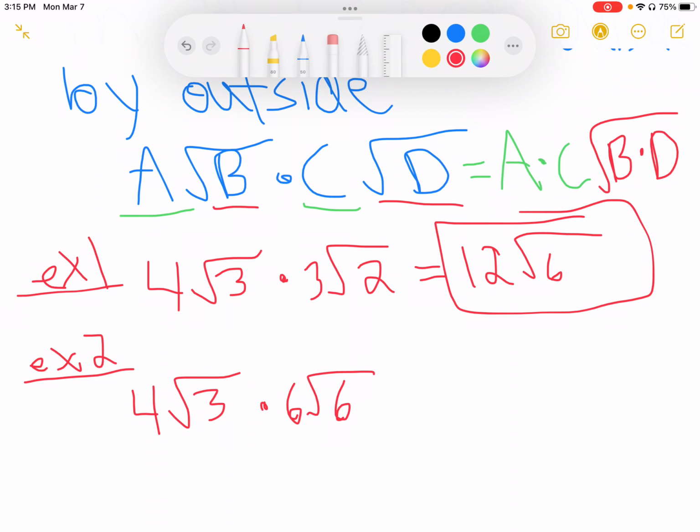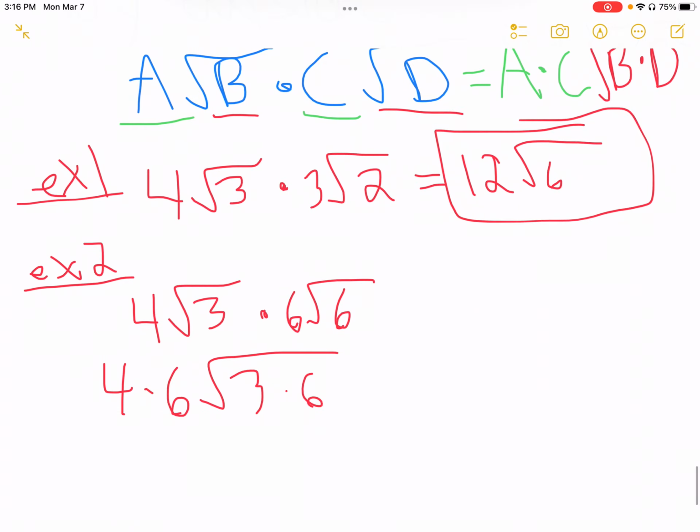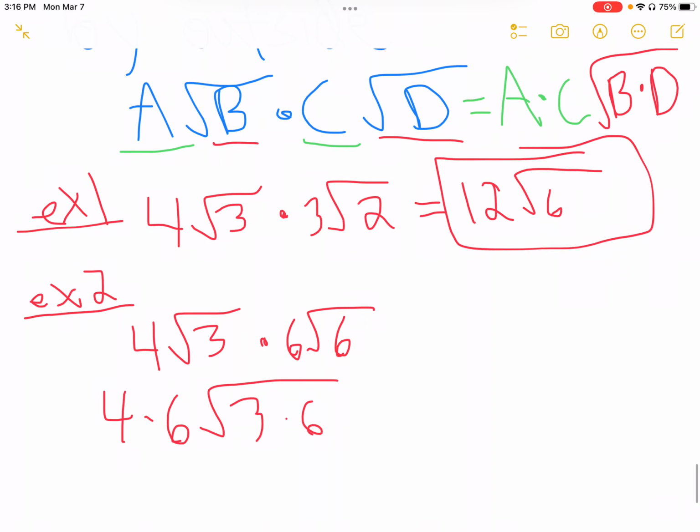I'm going to do this one vertically instead. Actually, just to go back real quick, I can do 4 times 6, and then I can write 3 times 6 here. I'm still going to leave this up above so we can see it.